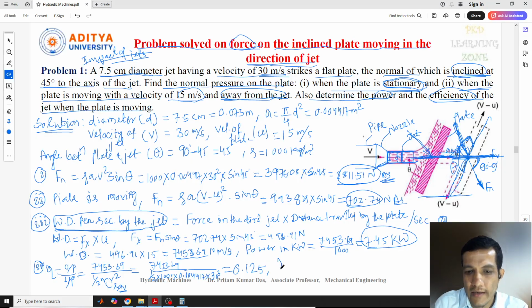So finally the efficiency of this moving plate is 12.5%. So this is our final answer.